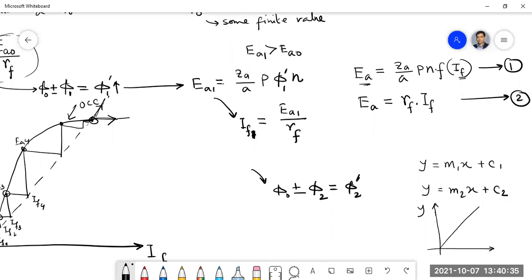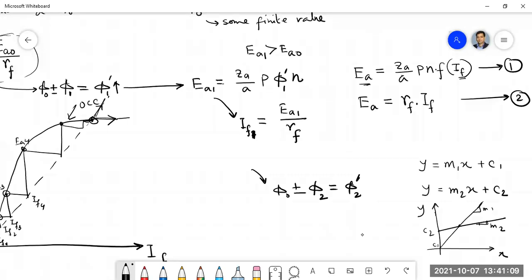So one can be this, another can be this. So that means if two straight lines are not same or proportional, M1 by M2 and C1 by C2, then they must intercept at some point, isn't it? Suppose this is C1 and this is C2, and this is your M1 and this is your M2. Am I right?